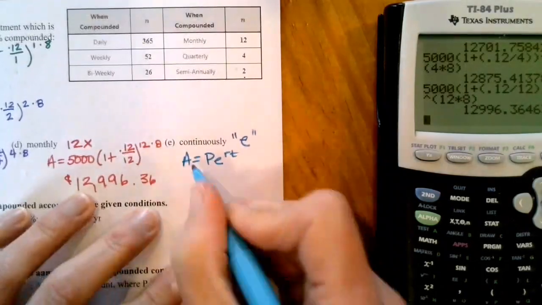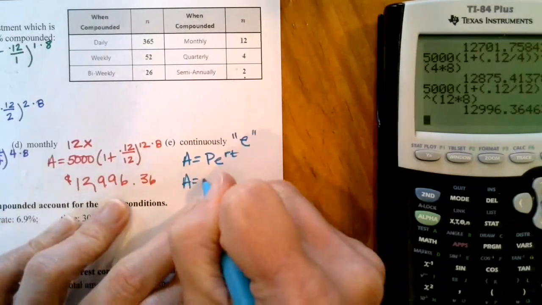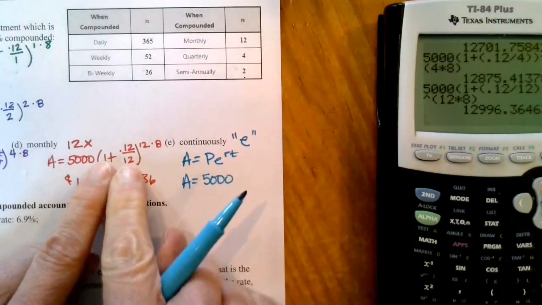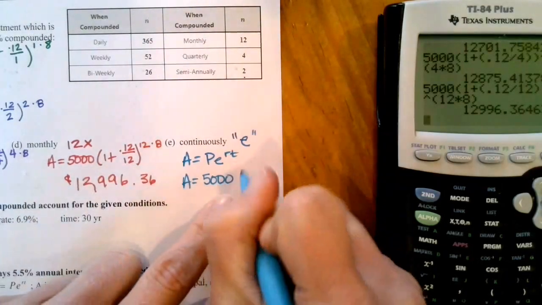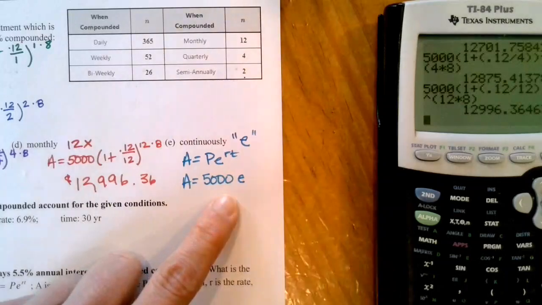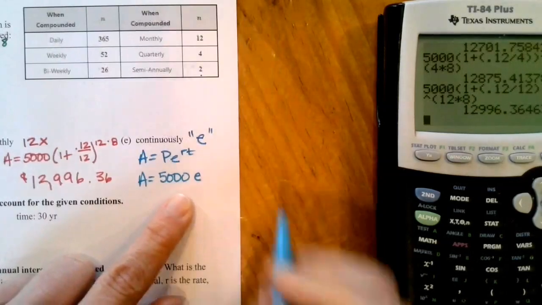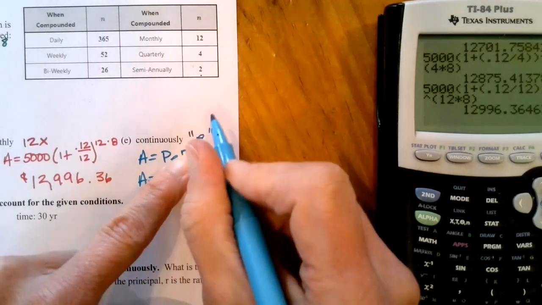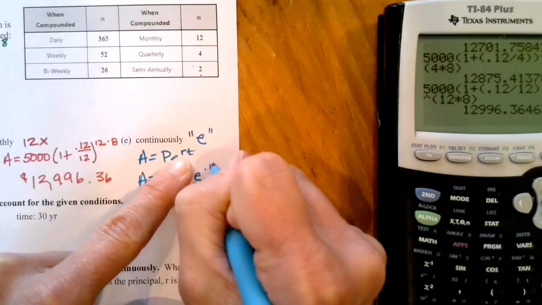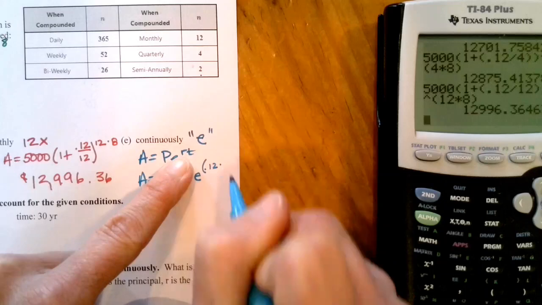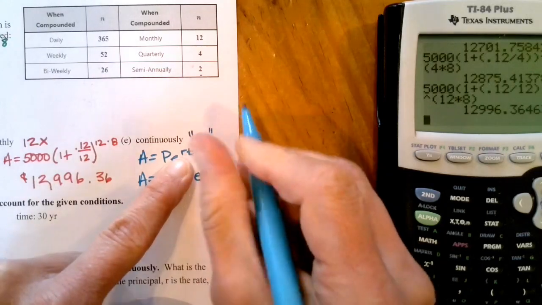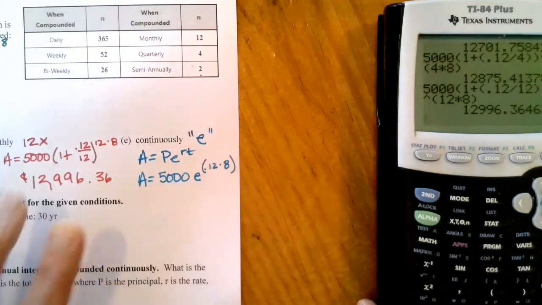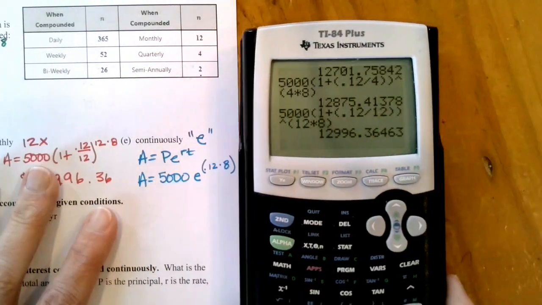So my amount is going to be equal to my $5,000. And instead of dealing with a rate here, I'm just going to trust that E is that constant. And then I'm going to raise E to the rate of how much money I'm making, which is 12%, times how many years I'm doing it, which is 8 years. So let's go ahead and put that into the calculator.